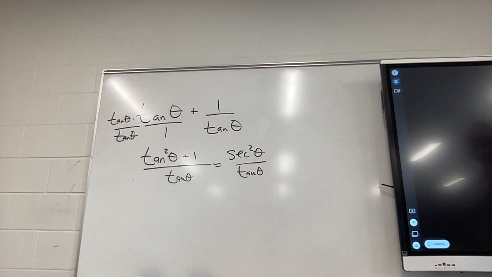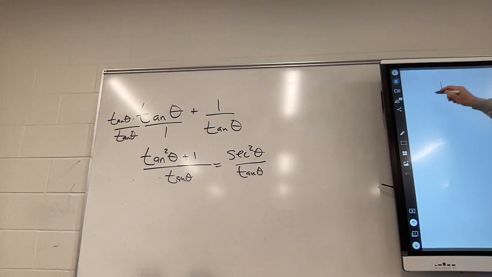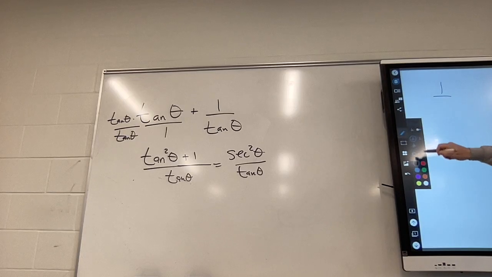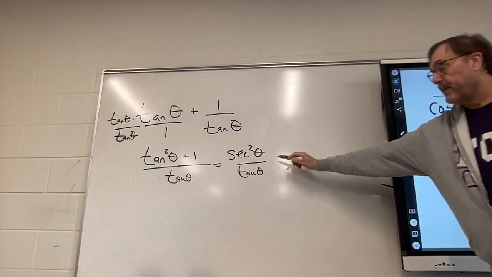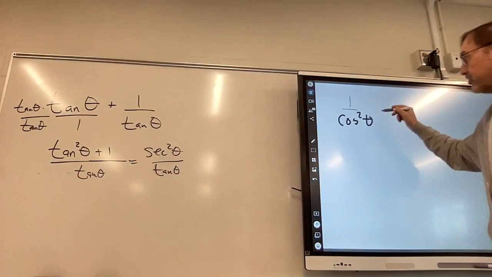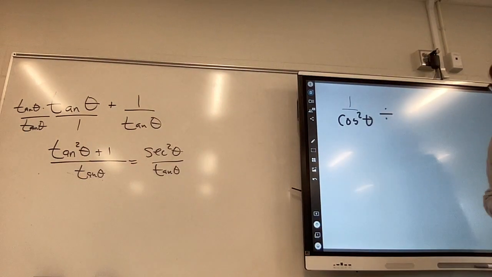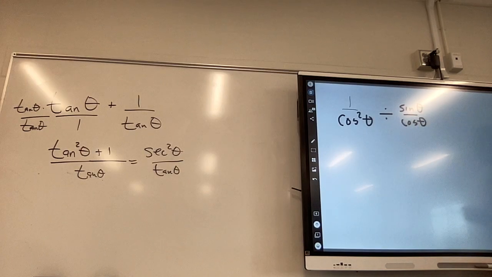Secant is the same as 1 over cosine. This fraction line is the same as a side-by-side divided line. What is tangent the same as? Sine over cosine. And by the way, we're always going to keep writing the theta.